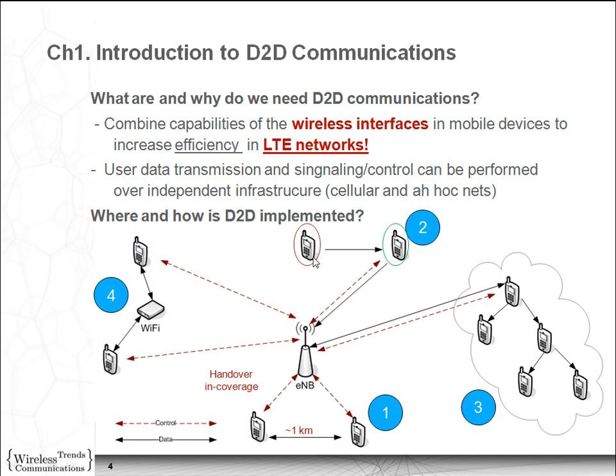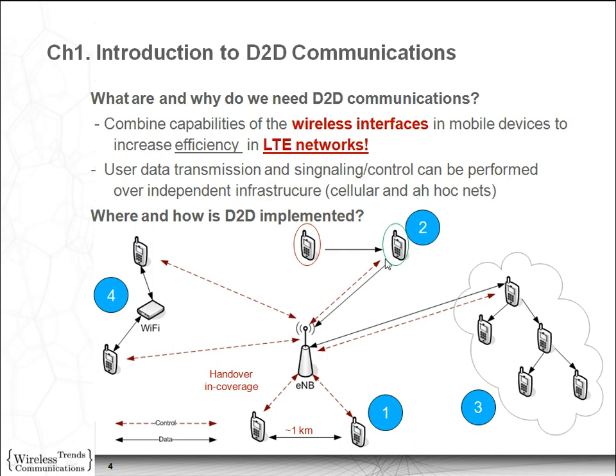So if this device is out of coverage but has the capacity to talk with this device who is in coverage, then the out of coverage device can just use this one as a relay. So we can have this new usage of the devices as relays, and we can basically convert the cellular network into a multi-hop network or something like that. So this is another application that we can have.